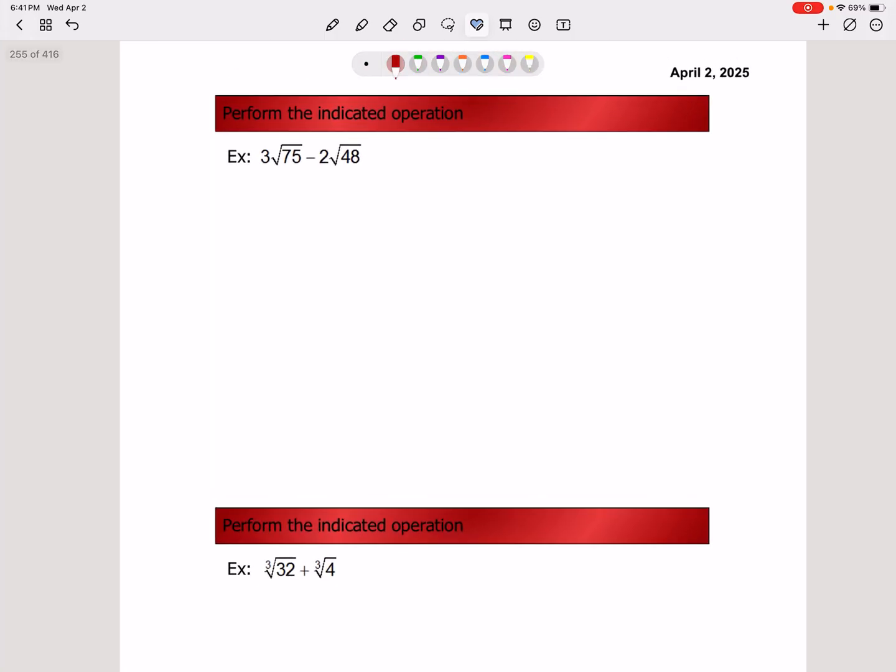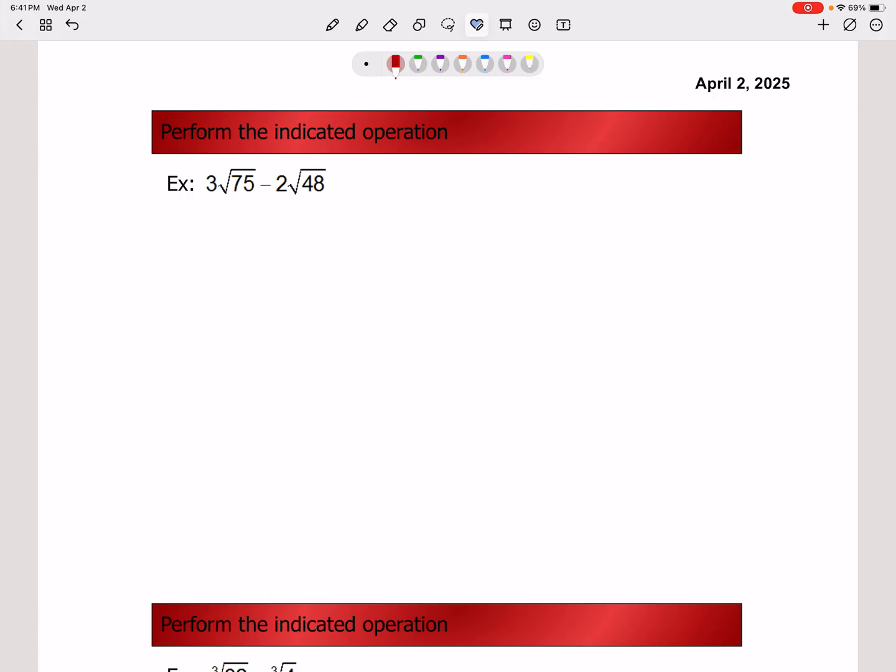Okay, let's try another one. We've got 3 times the square root of 75 minus 2 times the square root of 48. Now again, I have the square root for both of them, so they have the same index, but now we have to take those radicands and see if we can break them down and end up with the same leftovers inside.